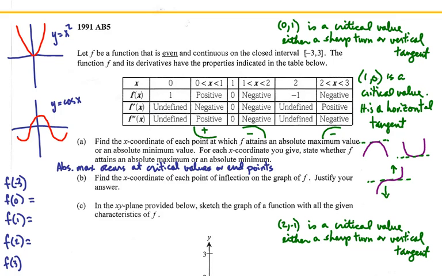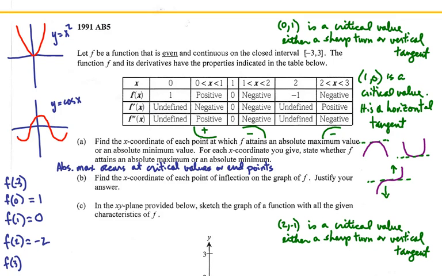So we're actually given the y value for 3 of those points. At x equals 0, the y value is 1. At x equals 1, the y value is 0. And at x equals 2, the y value is negative 1. Now, I have to remember here that if we have critical values to the right of the y-axis, we will have mirror images of those critical values to the left of the y-axis.